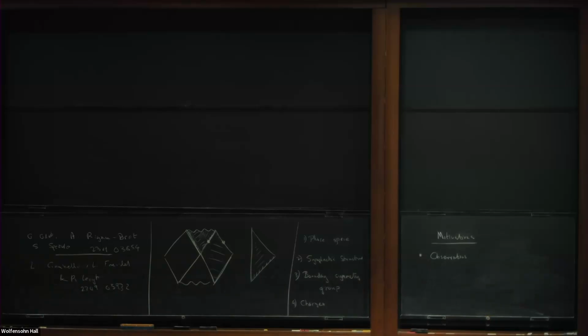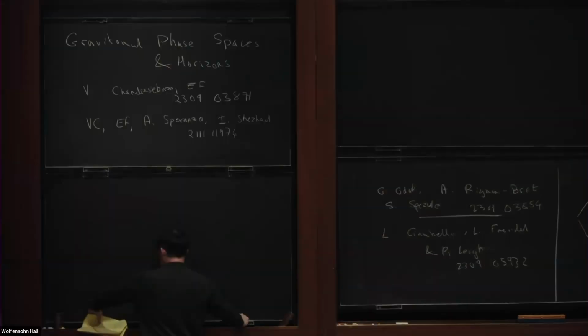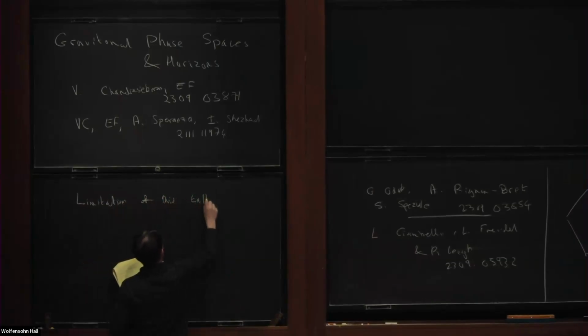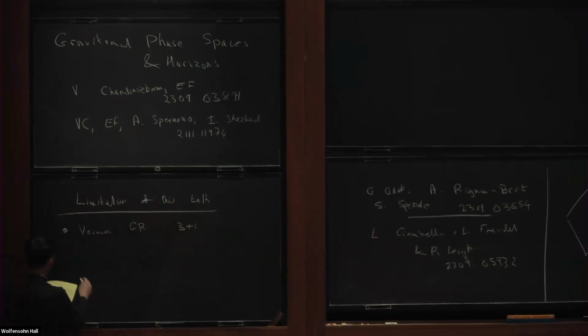So before going on, let me just talk about some of the restrictions or limitations of what I'm going to be talking about. I'm going to be focusing on vacuum GR in 3+1 dimensions, just to keep things specific.